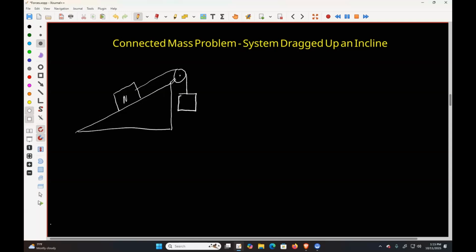This is mass 1. This is mass 2. This is the angle of the ramp or the triangle or whatever. Okay, so I have weight going here. This is equal to my force.